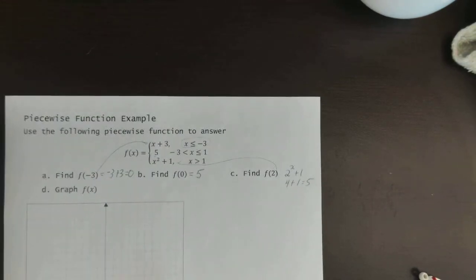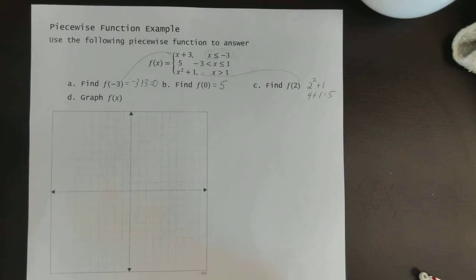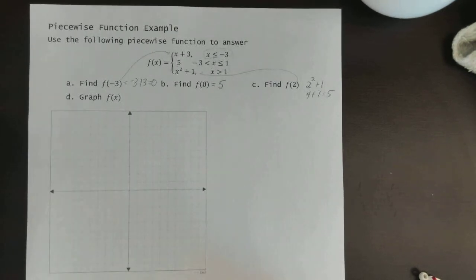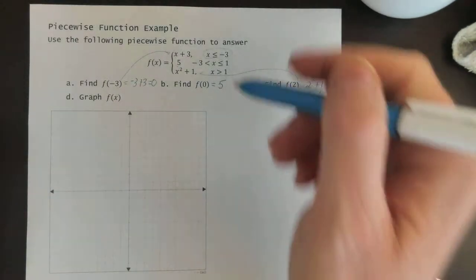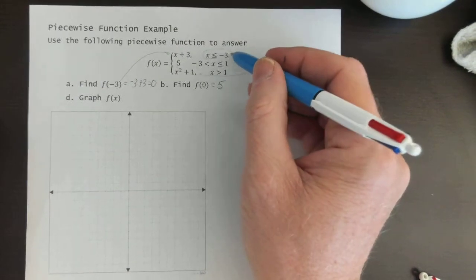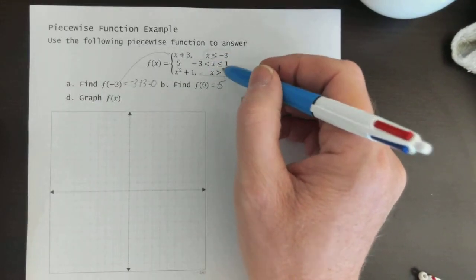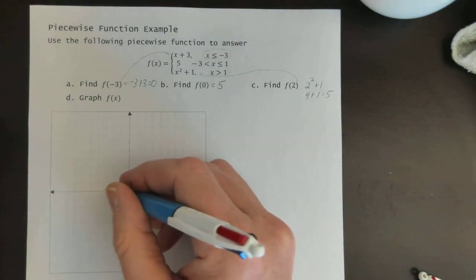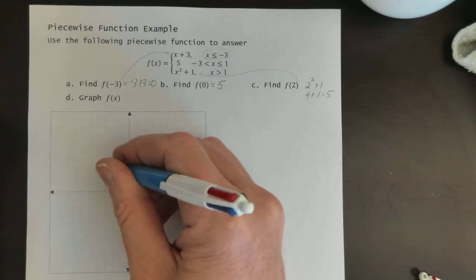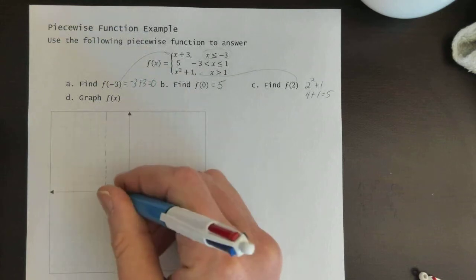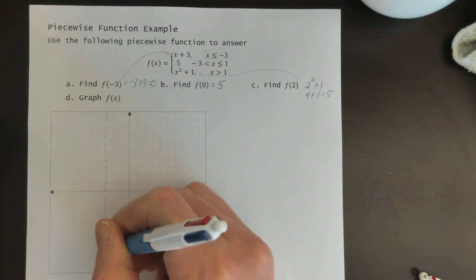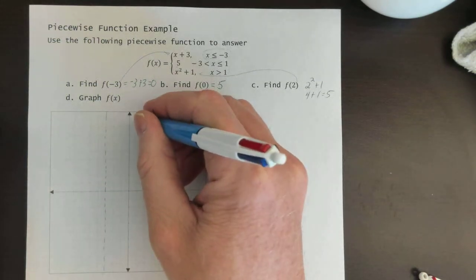And then we need to be able to graph these as well. So the first thing I'm going to do is draw the boundary lines for -3 and 1.